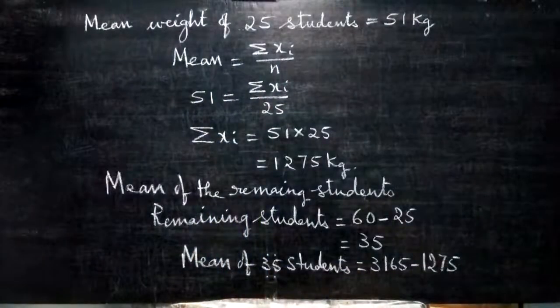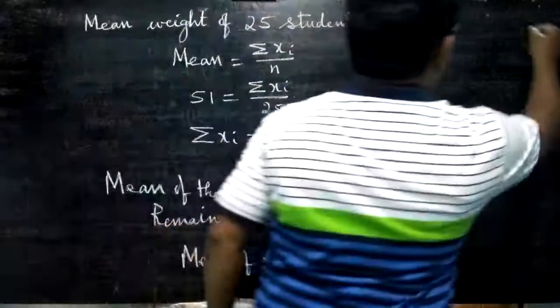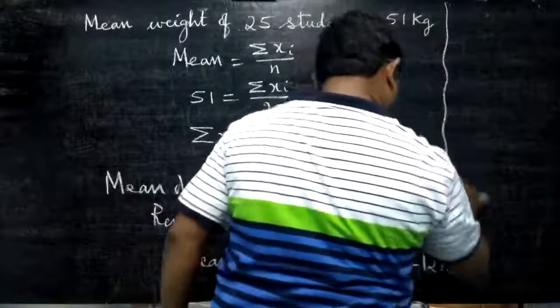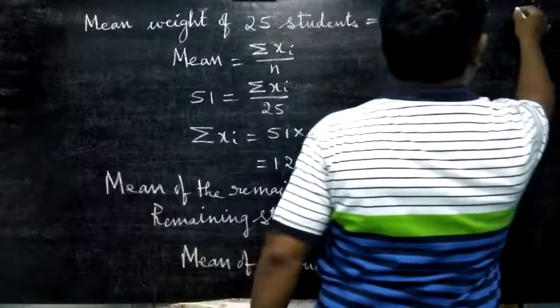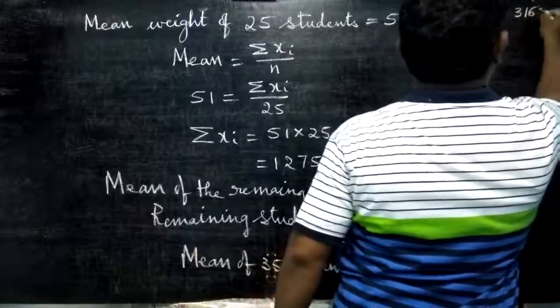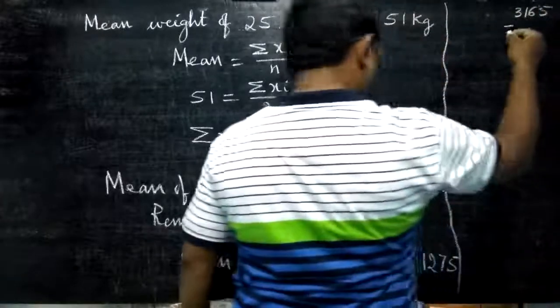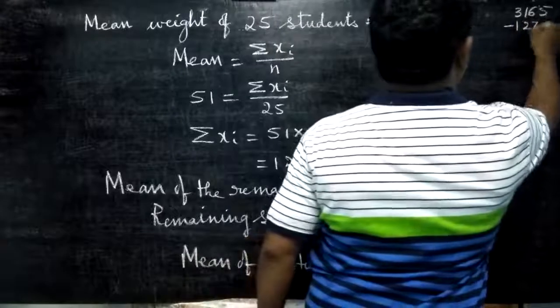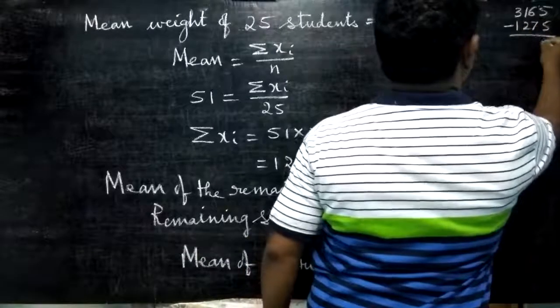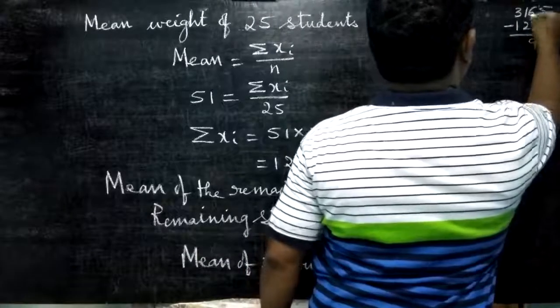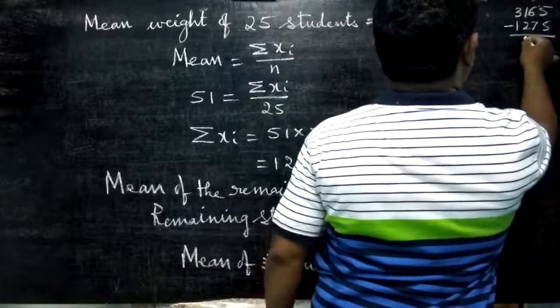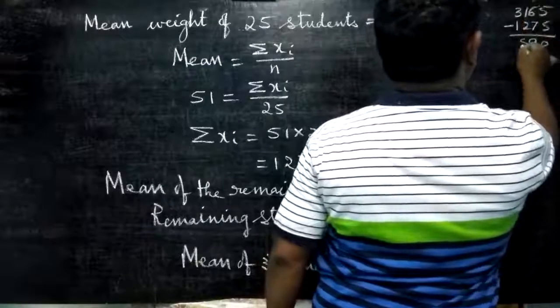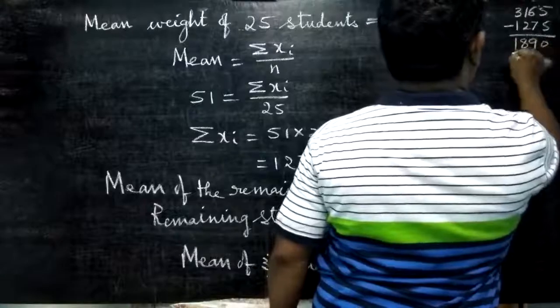3165 minus 1275. 0, here 9, 8, here 10 minus 8, and here 1.